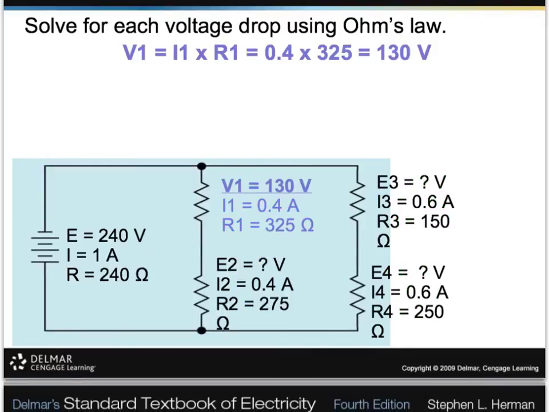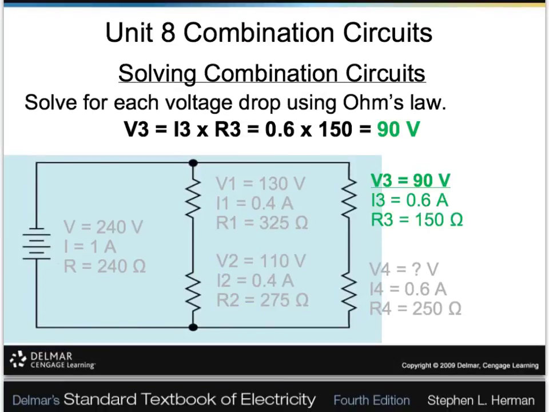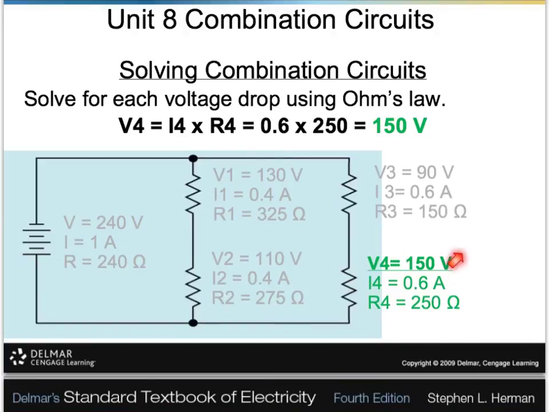So when we do the V equals IR, we find 130 volts for V1, 110 volts for V2, 90 volts for V3, and 150 volts for V4.